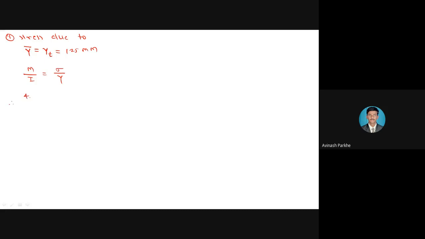M is 4 into 10 raised to 6, I we have calculated as 53.12 into 10 raised to 6, sigma divided by y. So here I can write y is equal to y bar is equal to yt, so 125. Therefore, sigma is equal to.